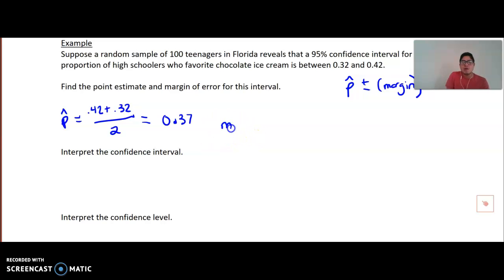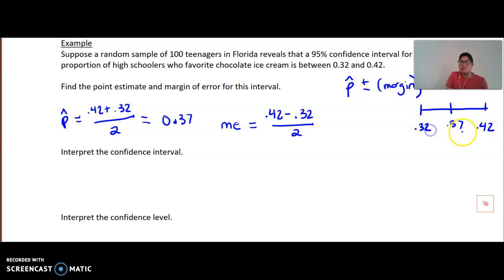Now let's find our margin of error, and I'm just going to abbreviate ME. We're just going to now find the difference, or half of the difference, between these two. And again, I'm doing this because if 0.37 is the middle of this interval, so let's assume we have this picture here. So here's 0.37 in the middle of this interval, and I'm here from 0.32 and 0.42.